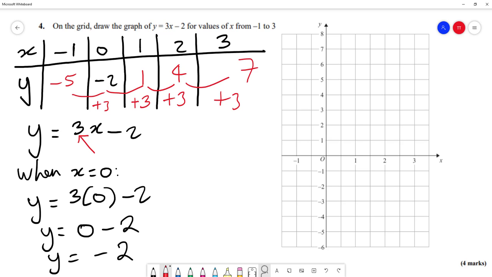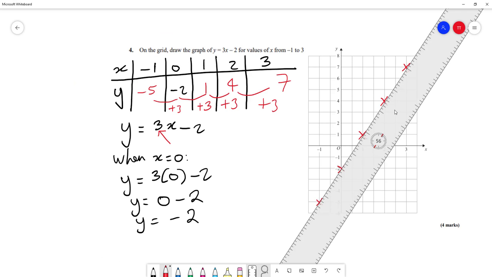Okay, so now I'm in a position to draw my graph. I want to go across to -1 and down to -5. So I go across to -1, come down to -5, and draw a nice cross here. Then 0 and -2. So you go here, 1 and 1, 2 and 4, and 3 and 7.